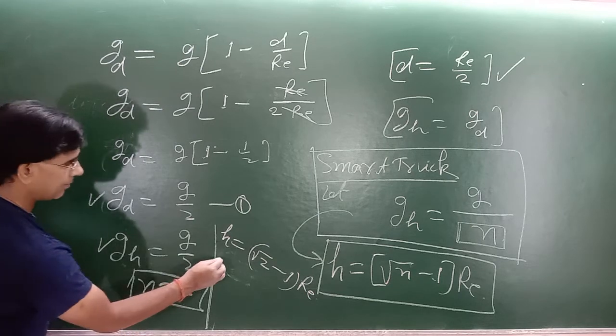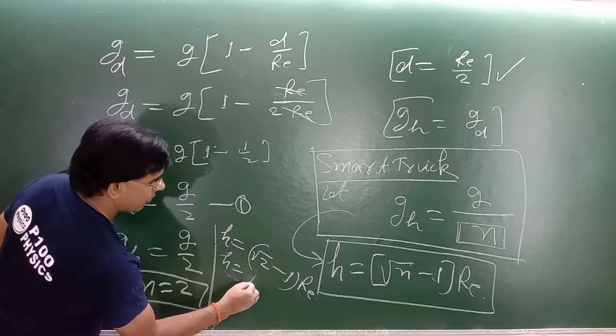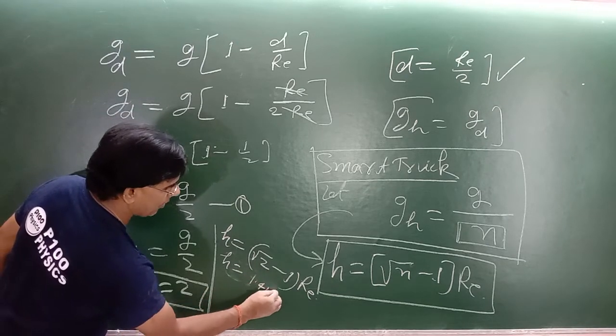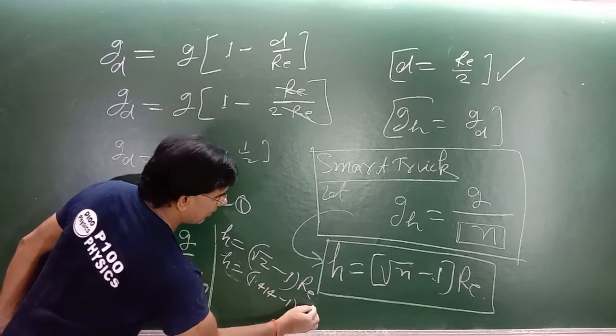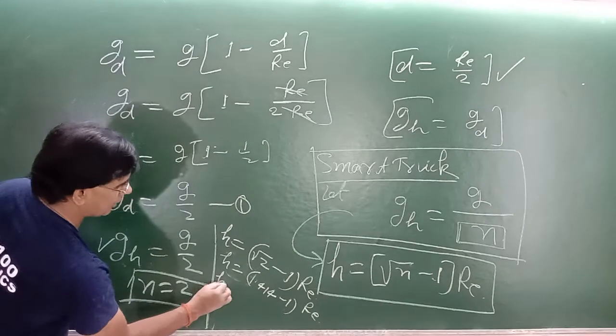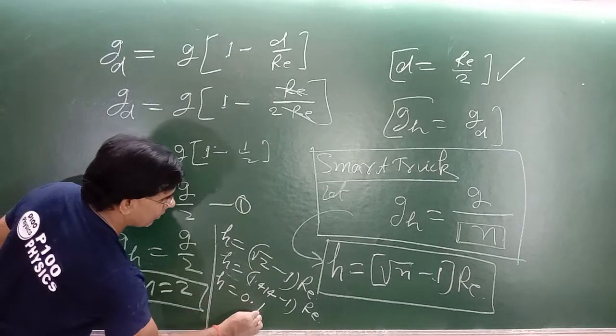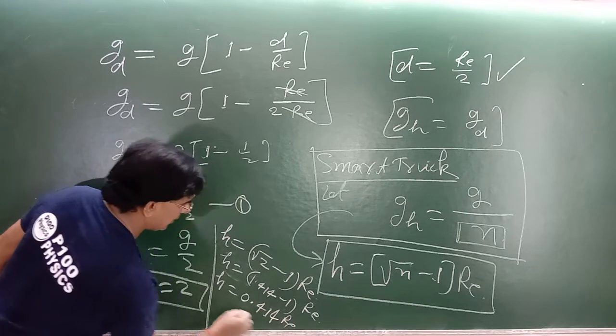Since you know root 2 equal to 1.414, h equal to 1.414 minus 1 into Re, which becomes 0.414 into Re. This is the answer.